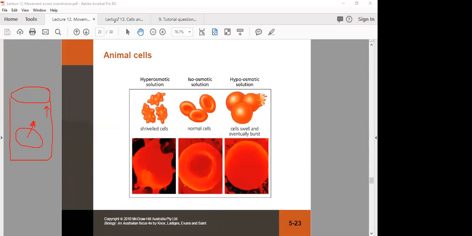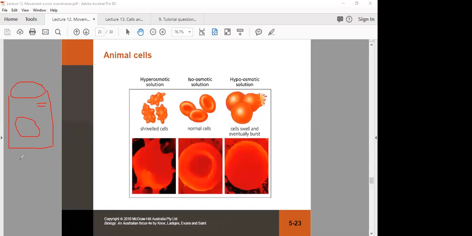All right, let's try that again, this time with an isoosmotic or isotonic solution. This time the solute concentration in the water is the same as the solute concentration inside the cell.